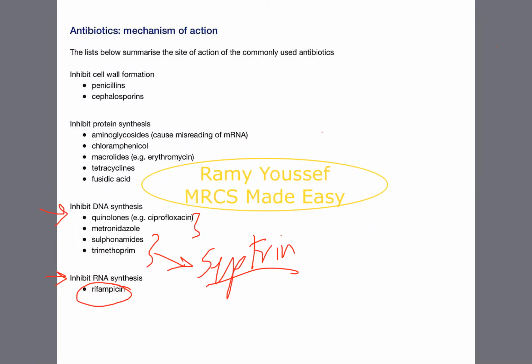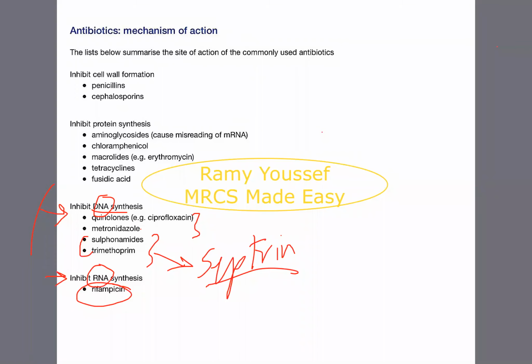I think in the market there was some cocktail like this. So DNA: quinolones or Cipro and metronidazole, this regimen for gastroenteritis, and they couple sulfonamide with trimethoprim, which is called sulfamethoxazole or Septrin in the market. Okay, this is according to RNA and DNA.